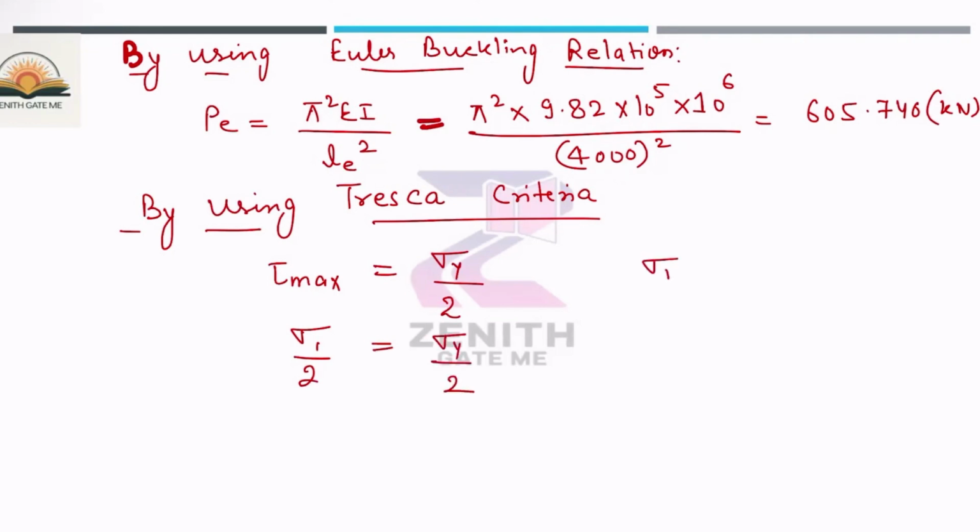So σ1 is P by A and σ2 is 0. This becomes P by A, which is equal to σY. From here you can calculate the value of P.